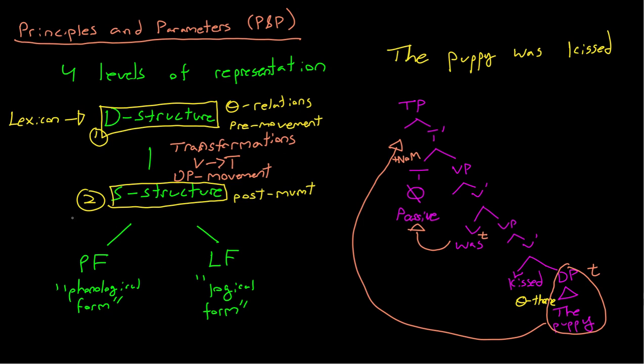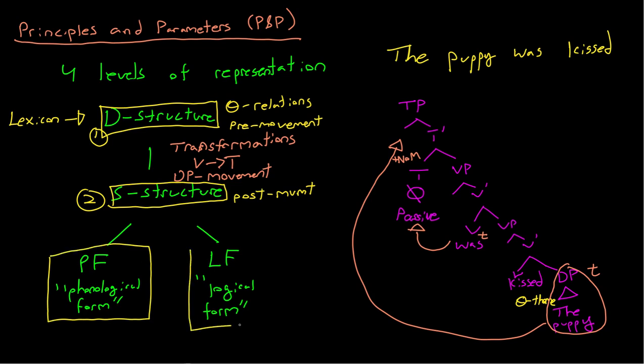And now the derivation is not quite over because we still have to do the fundamental thing that language does, its basic property. We have to show how language is able to relate sound and meaning. And that's what S structure does.